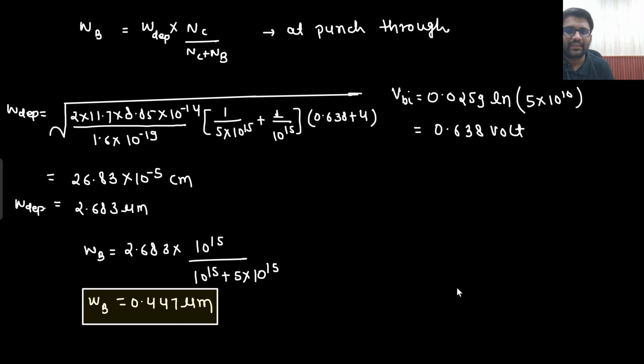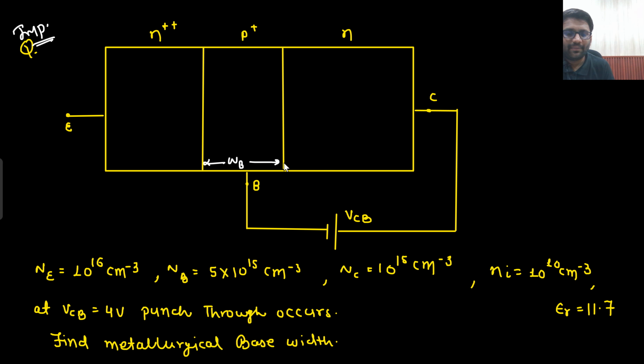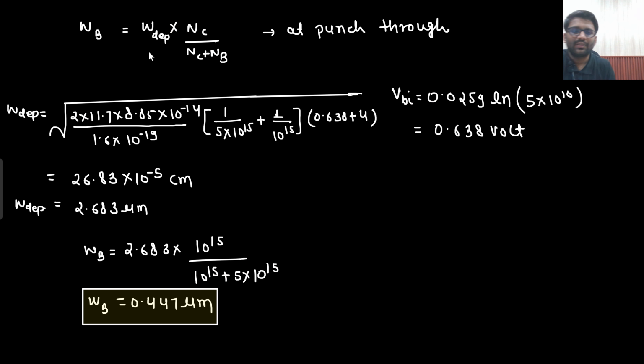Okay, I hope it is clear to you that my base should be completely depleted of charge carriers. So if I want my base to be completely depleted of charge carriers, that means depletion width should be extended till base, right? So what depletion width I will get? I am assuming it is W depletion. So WB would be W depletion into NC by NC plus NB.